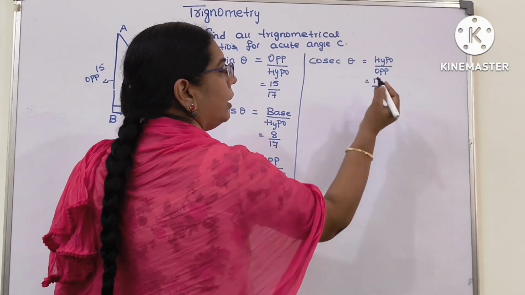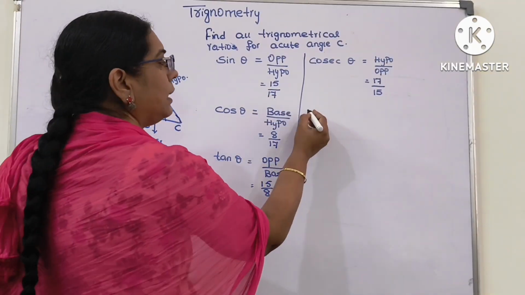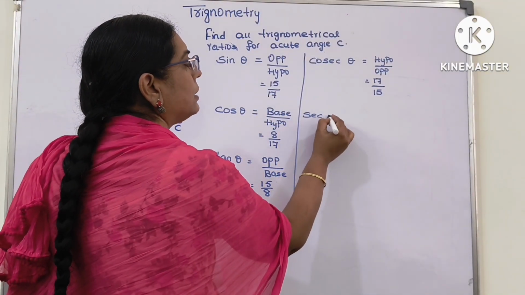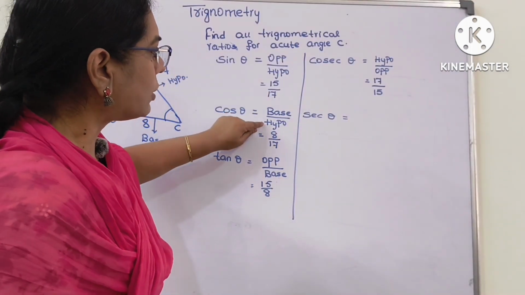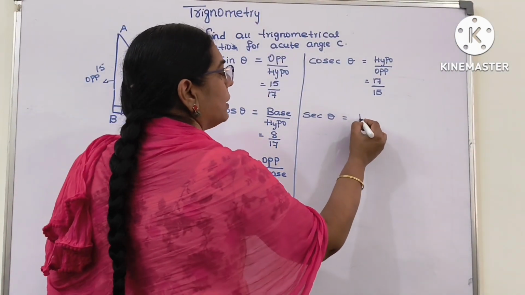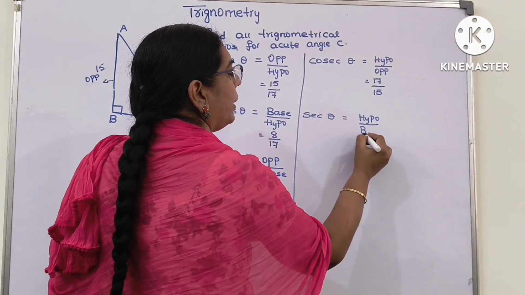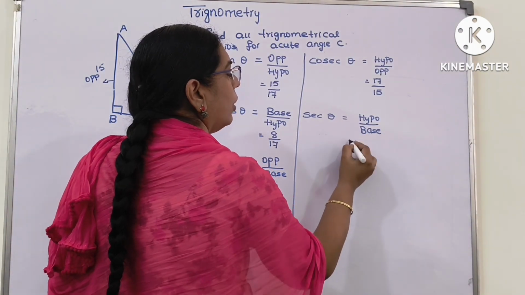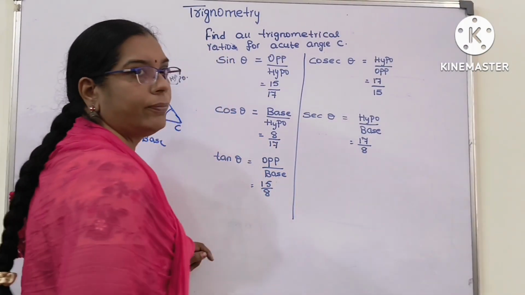And then the reciprocal of cos is secant theta or sec theta. What is the ratio? Take the reciprocal of cos, hypotenuse by base. So hypotenuse is 17, 17 over 8.